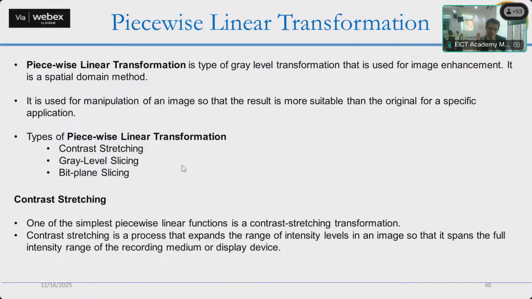For some particular region, we are doing the transformation. So that is the slice, some specific part. Parvesh, is it understood? We will discuss it in detail. If you remember, we took up the example of contrast stretching, right? Contrast stretching is a process where the intensity range is expanded.